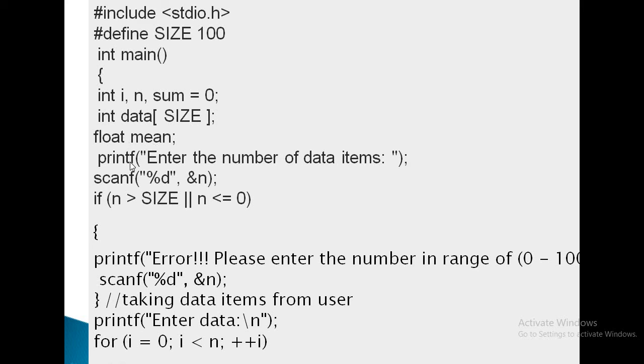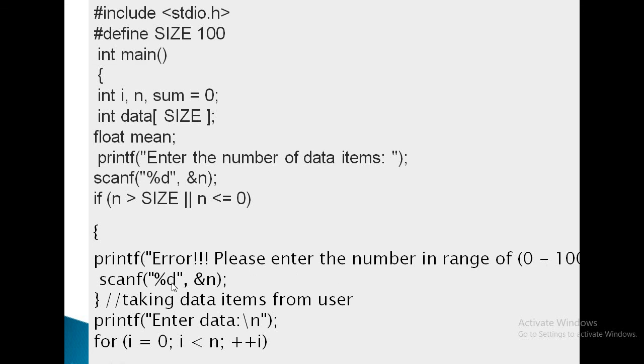Then the output statement printf: enter the number of data items, and we take the input as scanf %d and n. If n is greater than size or n is less than or equal to 0, in this situation it has to print the error: please enter a number in the range of 1 to 100.